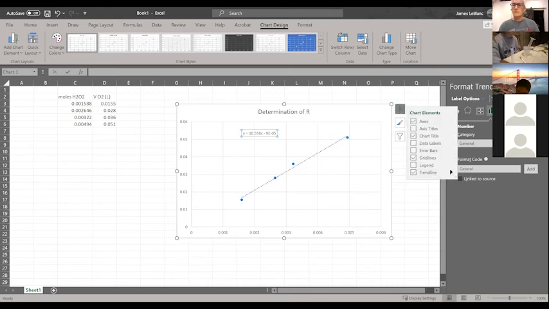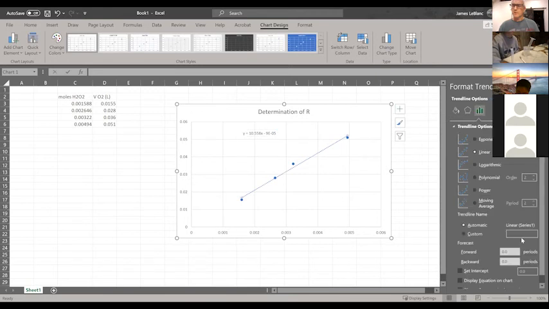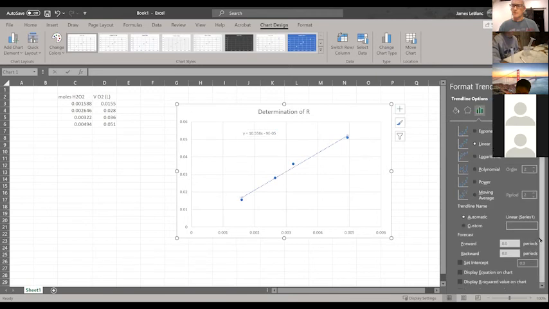So here we go. I want to see the R squared. There we go. Yeah, 0.989. That's excellent. So yeah, I think that we have a good chance of this experiment working fairly well for us.